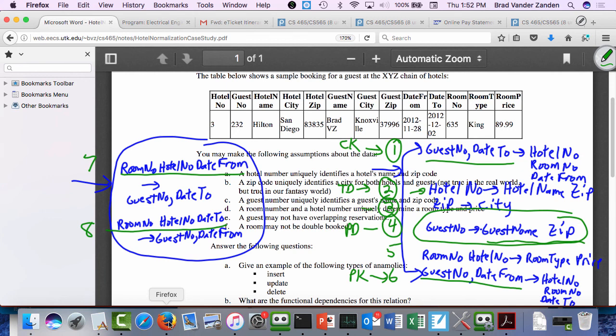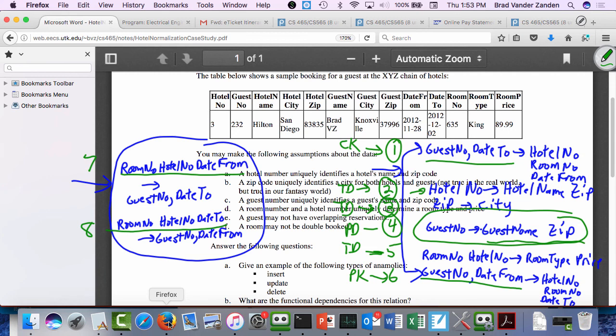Okay, what about 3? It's a transitive dependency. What about 5? 5's a little tougher. It is a transitive dependency. It's not a candidate key. 7 and 8, because I'm a little short on time, are candidate key dependencies.